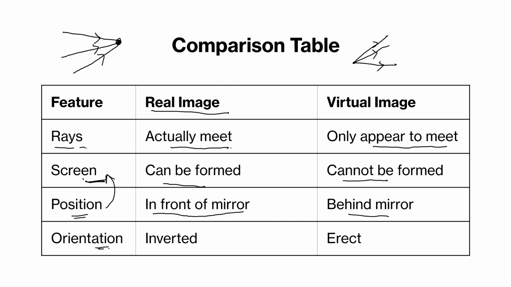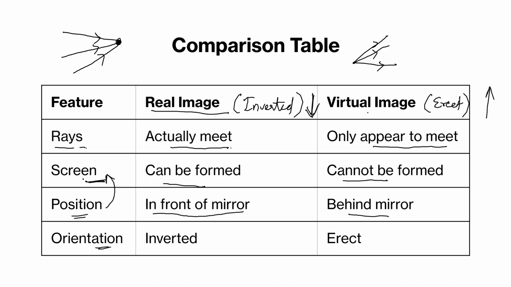Now orientation of the image. As I discussed in the beginning, real images are always inverted, that means upside down, and virtual images are always erect, upright. Erect means straight, like this.